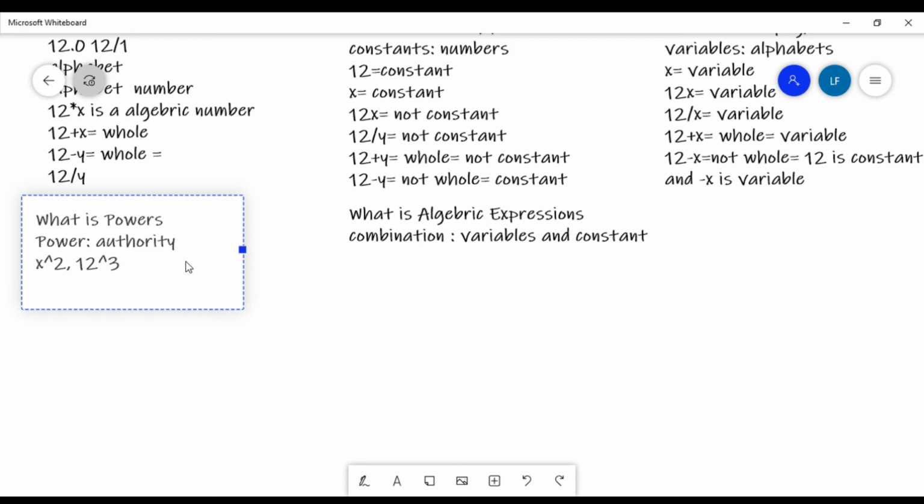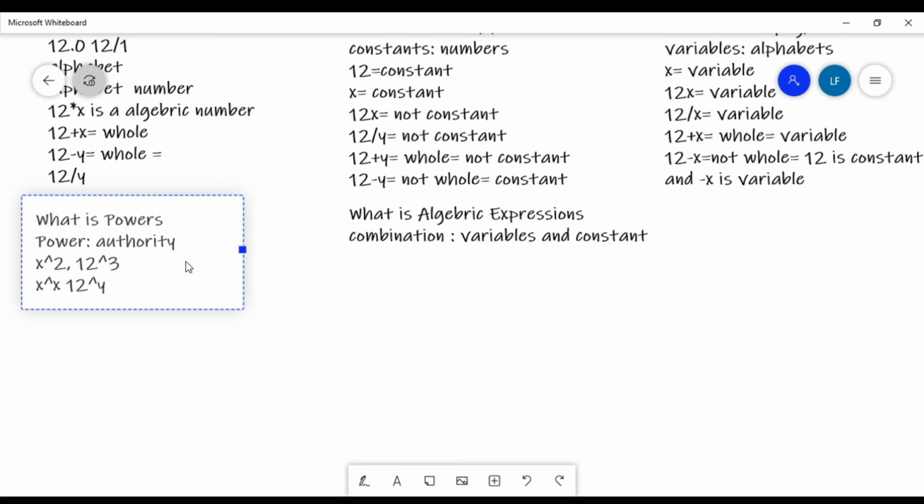They can also be variables. So we can say x is raised to the power of x. This variable x is being raised to a power which is not defined because it's a variable. You can also say 12 is raised to the power of y.